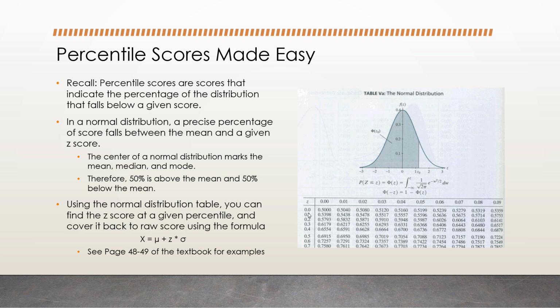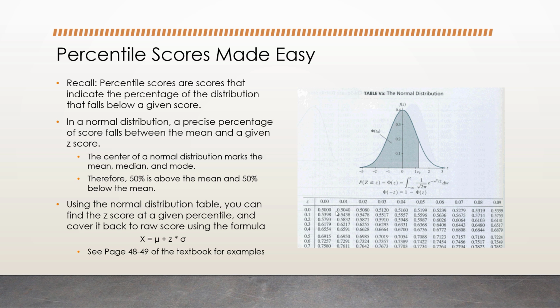For example, a z-score of 0.45 has a percentile rank of 67.36. Meaning that about 67.4% of the scores are at or below a z-score of 0.45 in the normal distribution.